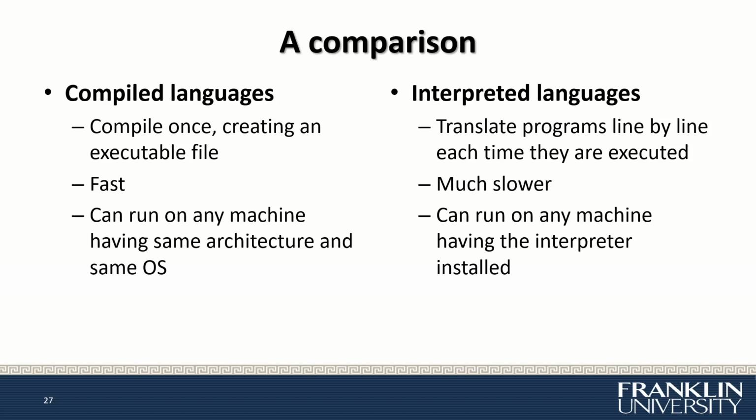It can run on any machine having the same architecture and the same OS. Interpreted languages translate the program line by line each time they are executed, which is much slower. They can only run on a machine having the interpreter installed. We will talk more about interpreted languages when we talk about Python next.